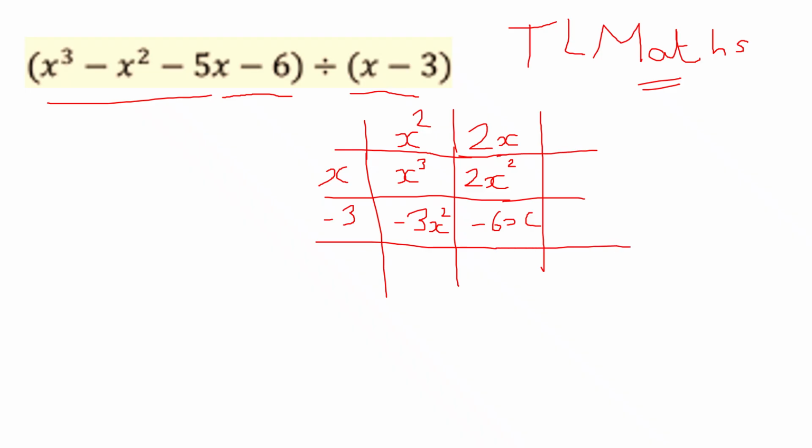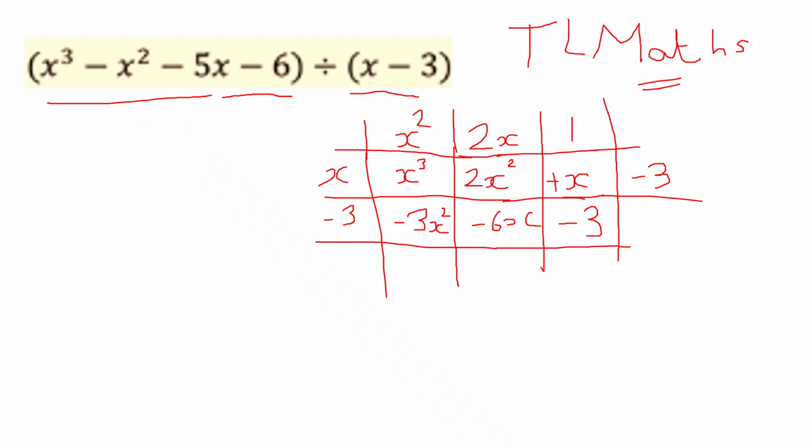Now we want minus 5x, but we currently have minus 6x, so we have to put a plus x, positive x. x into x goes once, and then x into minus 3 goes minus 3 times. But we want a minus 6. So we're going to have a remainder of minus 3 at the end.